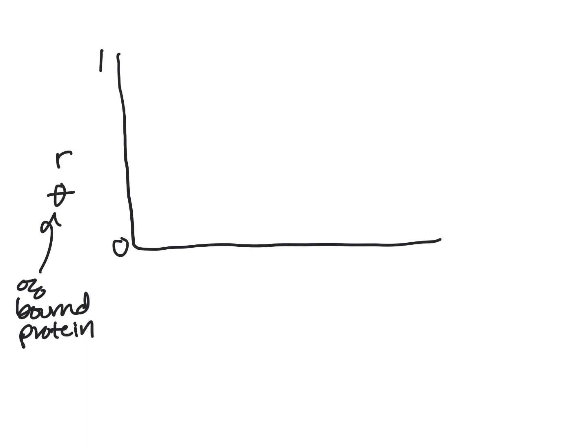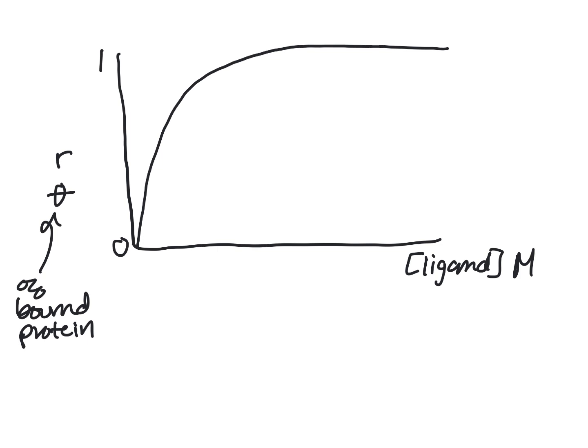And the x-axis is the concentration of the ligand, usually in molarity, actually more usually in nanomolar or micromolar. And the graph, in the simplest of cases, looks like this shape, which is hyperbolic.